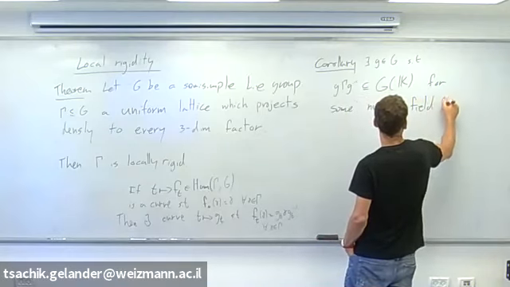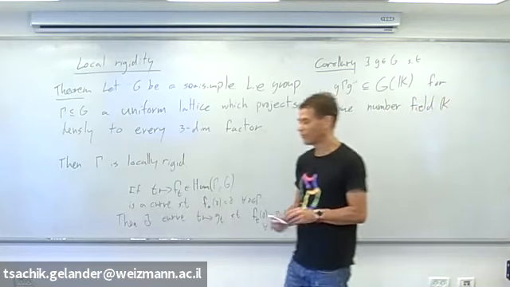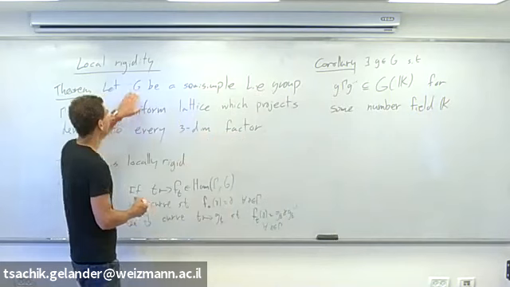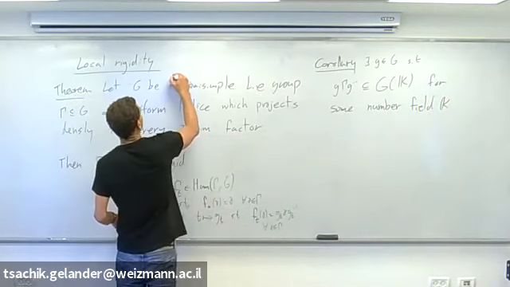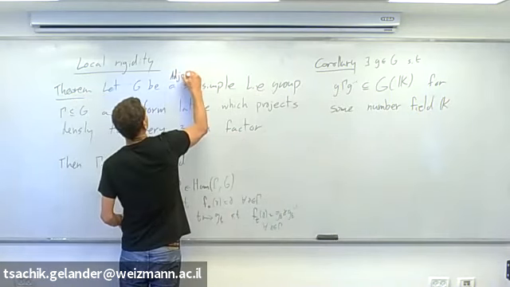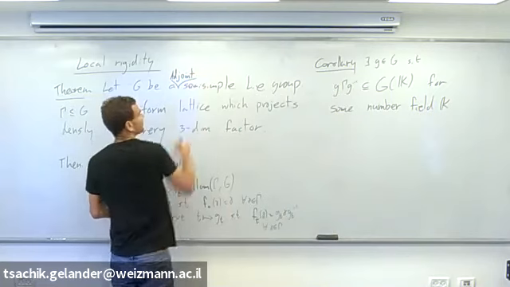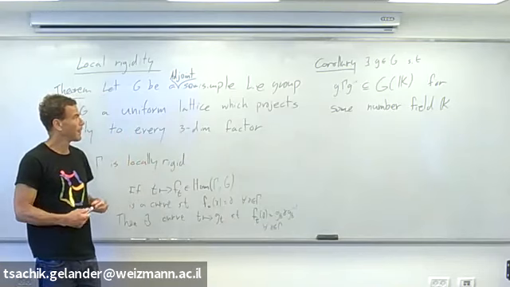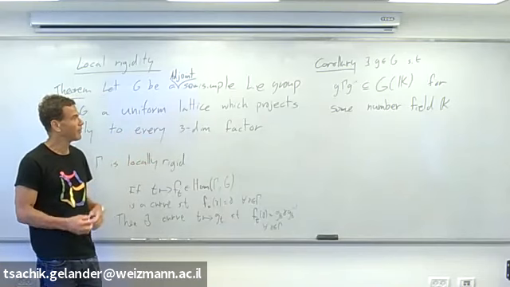There is a finite extension of Q such that, so G is a group of matrices. We suppose that G is, let's say, adjoint, same thing. So that's the constant, and that was Selberg's motivation.